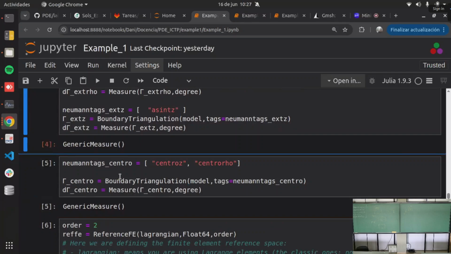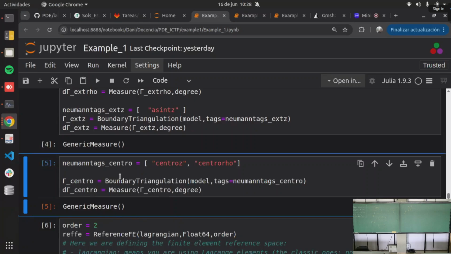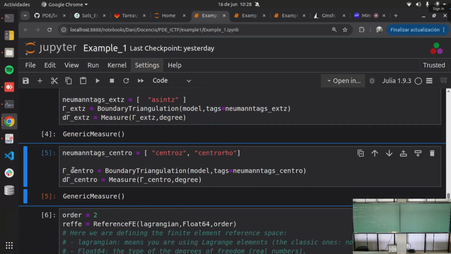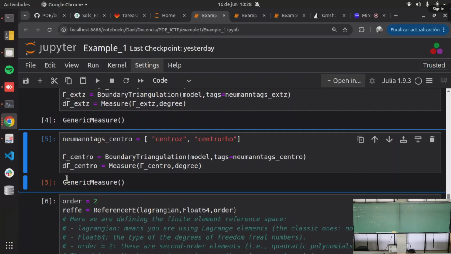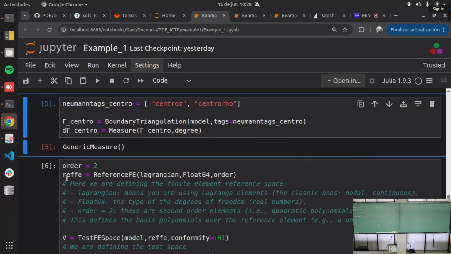And note that in the gamma 1 and gamma 2, we have the same boundary conditions. So we make the union for the triangulation like in this triangulation. And after that, we have to define the final elements reference space.